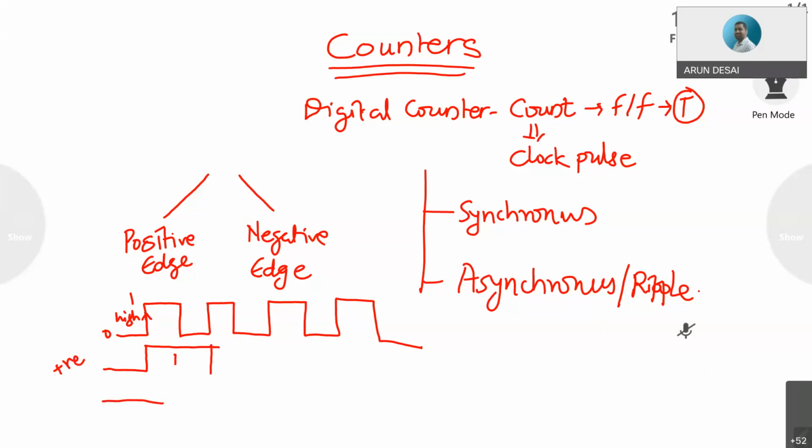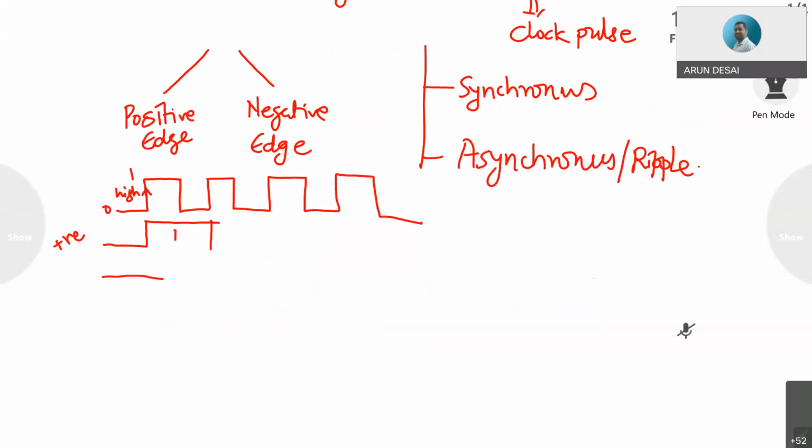And what is a negative edge triggered counter? The counters basically start counting when the signal becomes low, or it starts converting from 1 to 0, right?